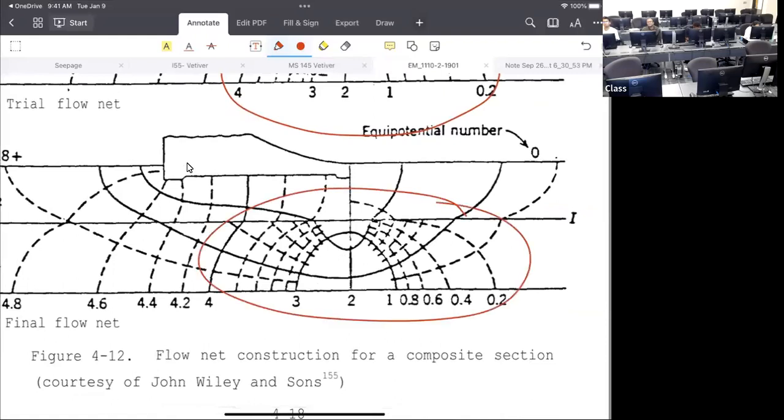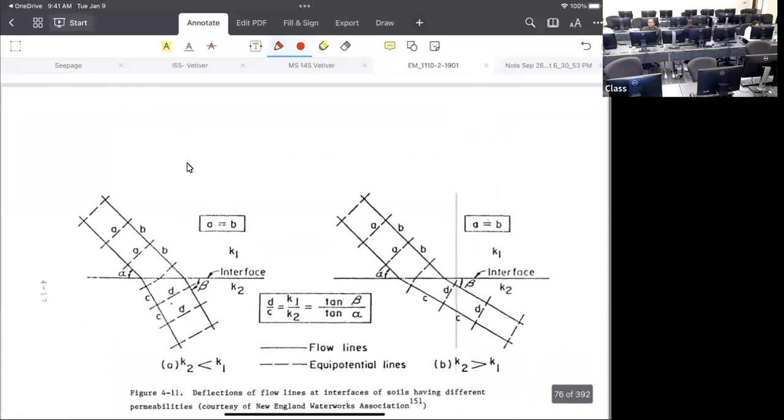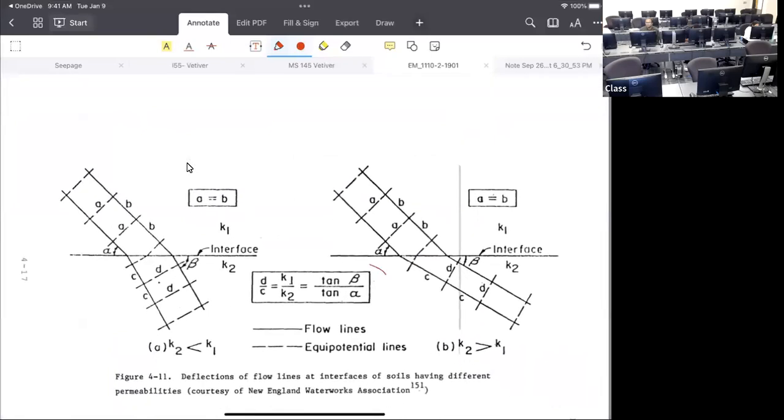The same thing. You only need to adjust it when there is a significant difference in permeability. Very important. In this manual, they also talk about the difference between the flow lines and the equipotential lines.